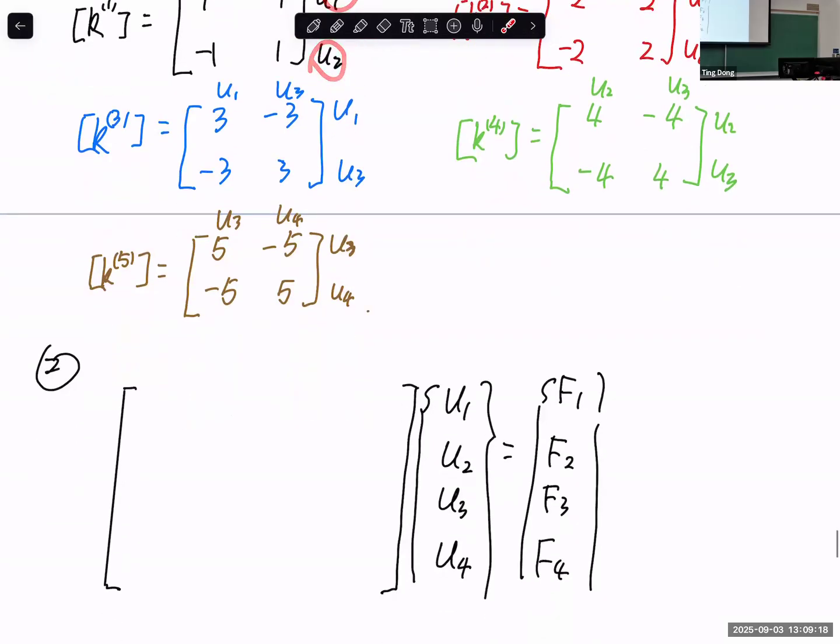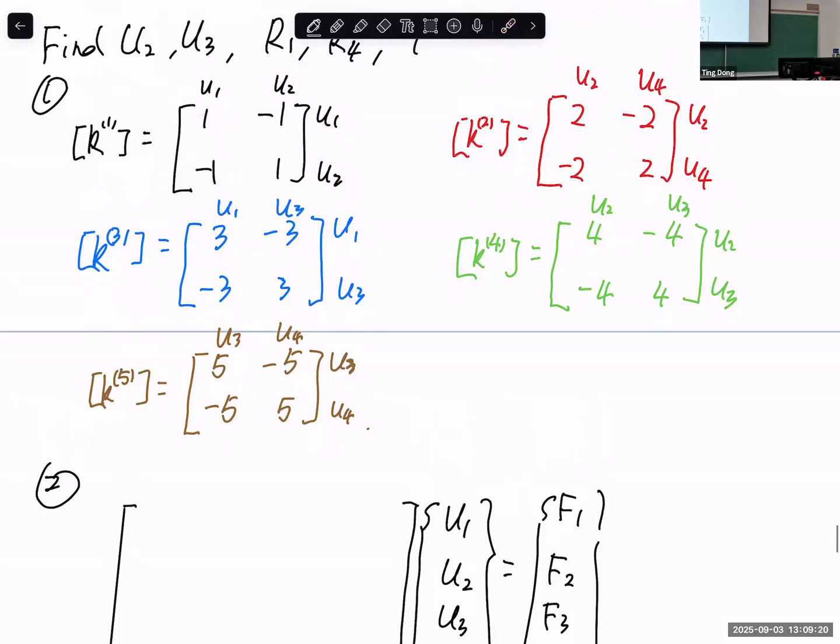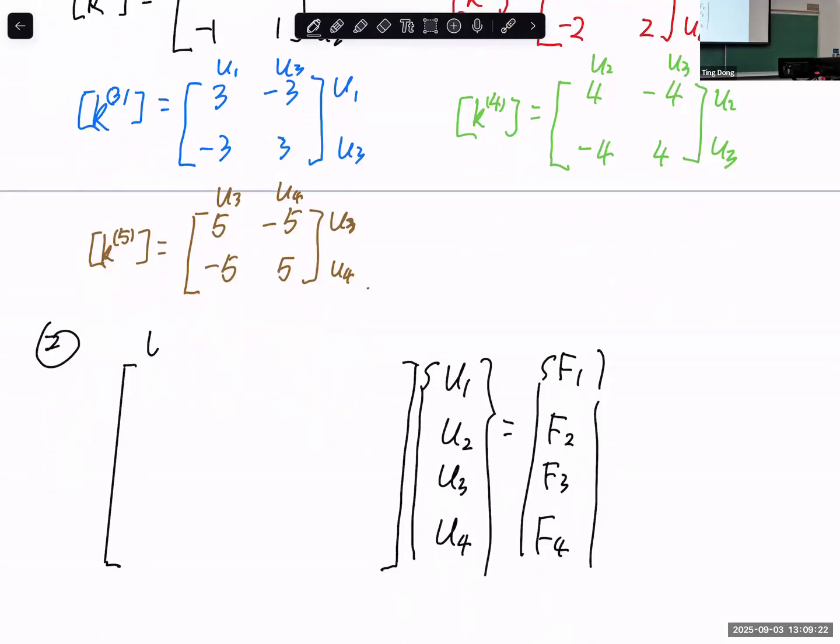So let's say we have 1 and 2, 1, 2 here, and I can also put U1, U2, U3, U4. You just put it at the corresponding position.